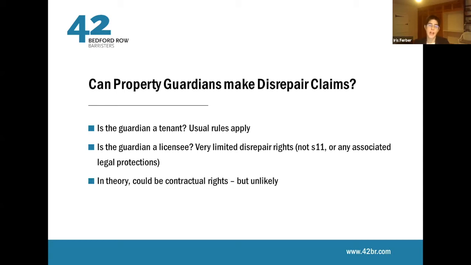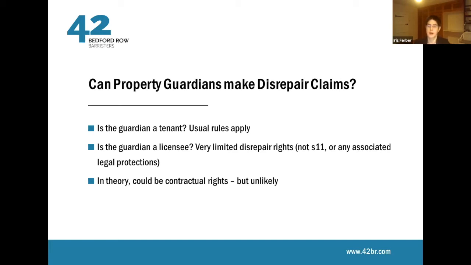So what they could have is contractual rights, but that's unlikely because guardian companies would be pretty silly to give guardians disrepair rights as a matter of contract when the whole point of the business model of providing guardians is to facilitate the security of buildings that are not in good repair, and creating disrepair rights for the people in those buildings would make a complicated situation a lot more complicated.